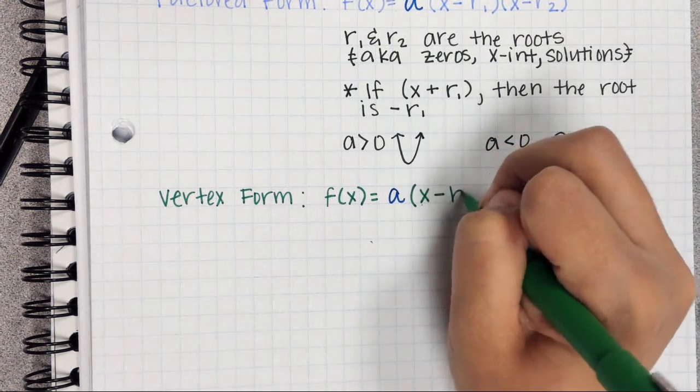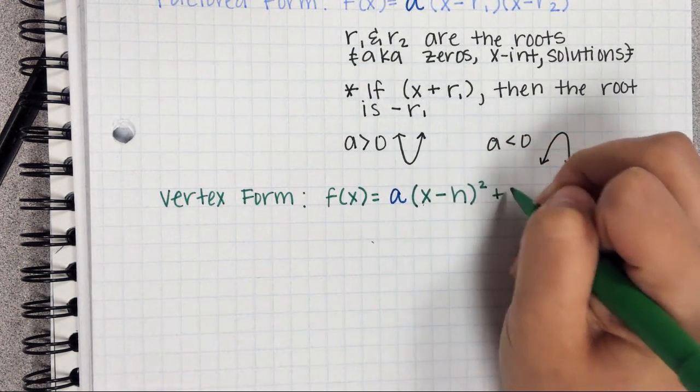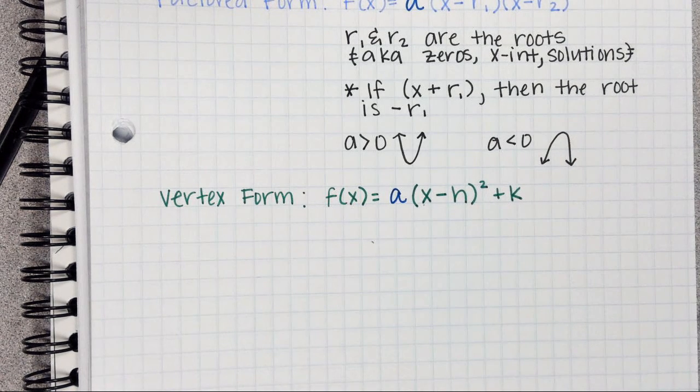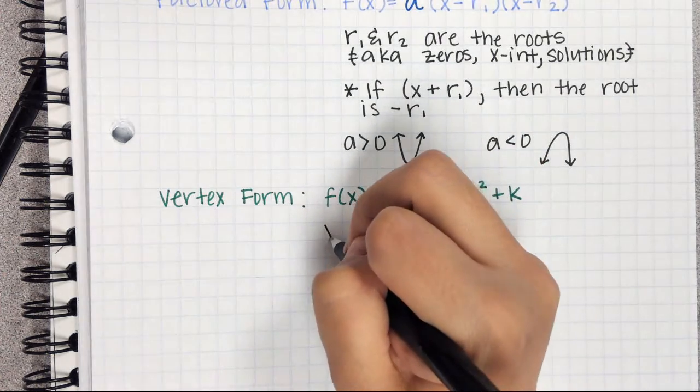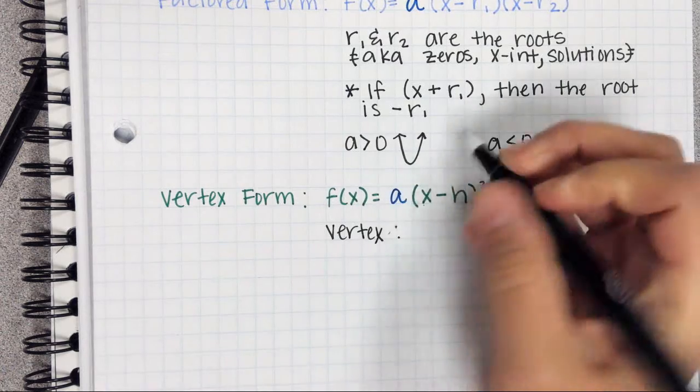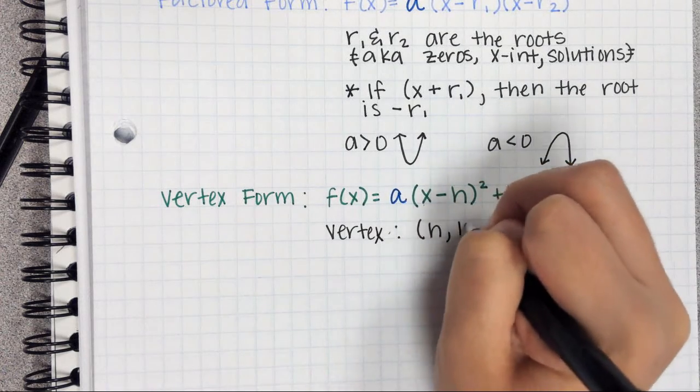Parentheses x minus h squared plus k. And it's called vertex form because you can easily find your vertex. Your vertex is h comma k.